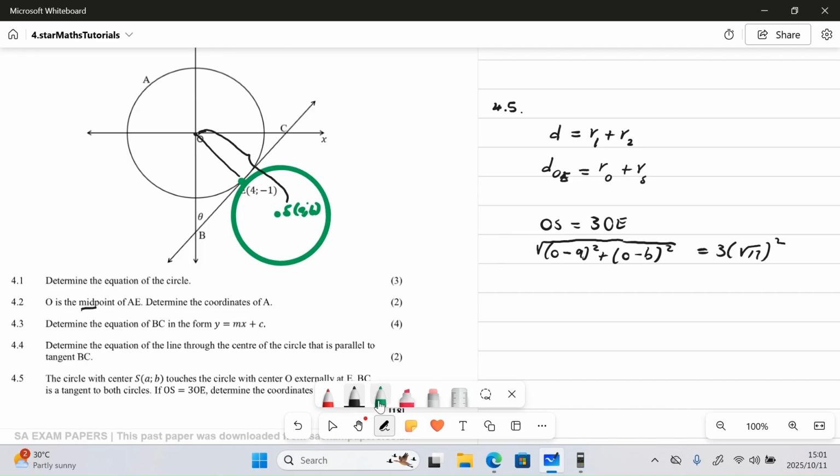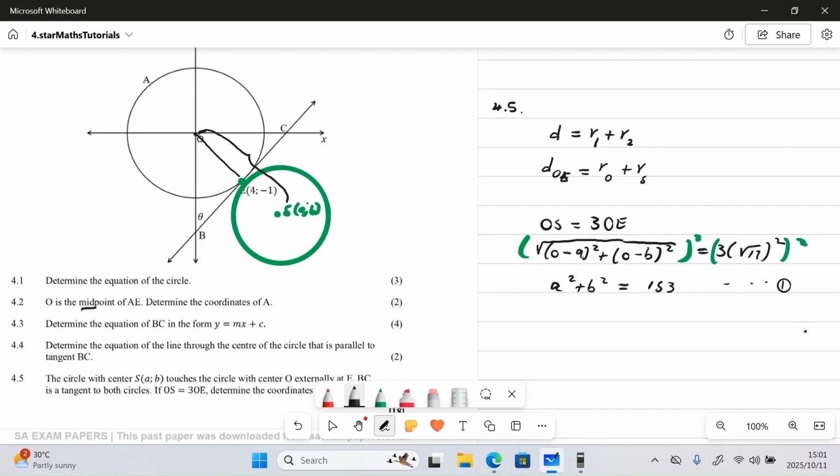Then we can square both sides. If we simplify, we are going to have a squared plus b squared equals 630. With this information, we have two unknowns, so we name it equation number 1.